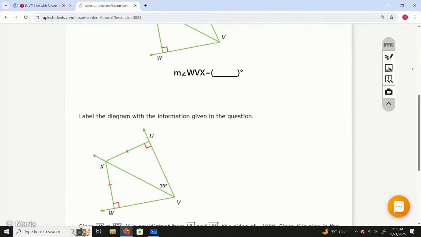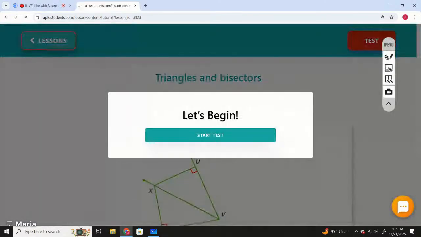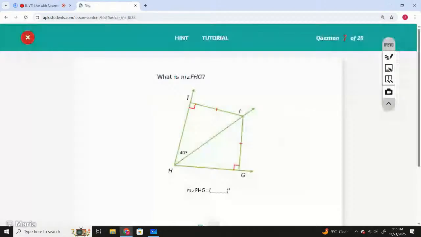Okay, we are on the test. Let's start with the test questions. What is the measurement of angle FGH?